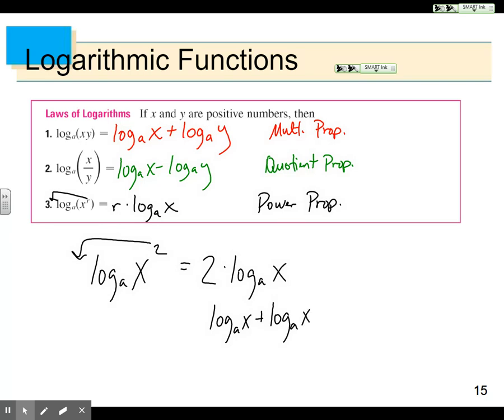So I have 2 log base a of x's. I have log base a of x times x. And so I've worked a circle around between this multiplication property and the power property. They go hand in hand. The reason this power property works is because of the multiplication property, and the fact that I can rewrite this with an addition, I just have this same argument on my logs on each side.